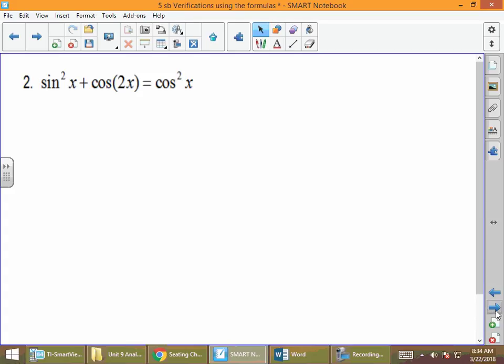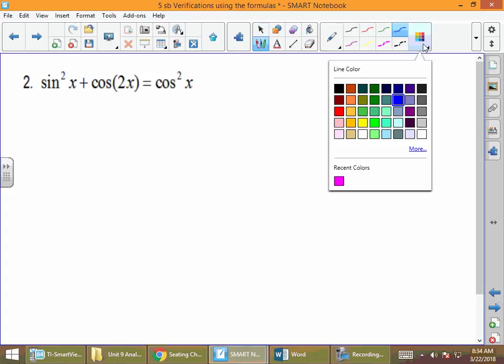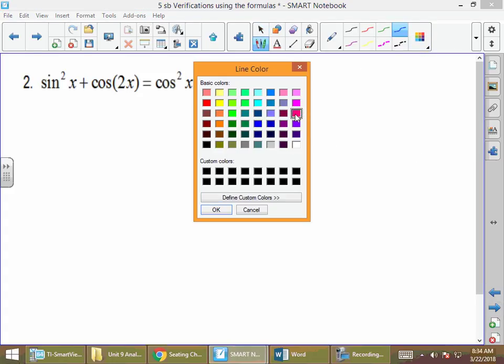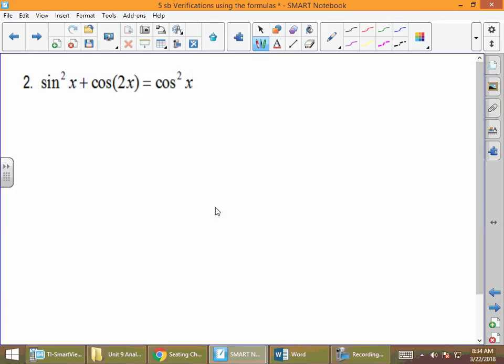Let's look at problem number 2 here. And again, we're verifying, so we're only going to work on one side. We've got sine squared x plus cosine of 2x. And the first thing that I think, at least on this particular problem, is what does cosine of 2x equal?